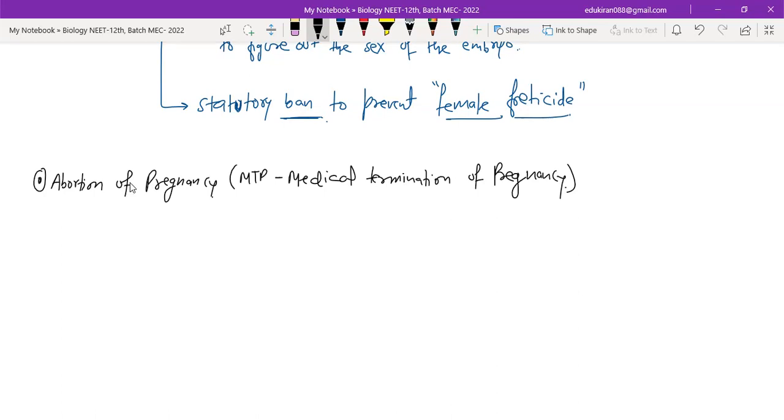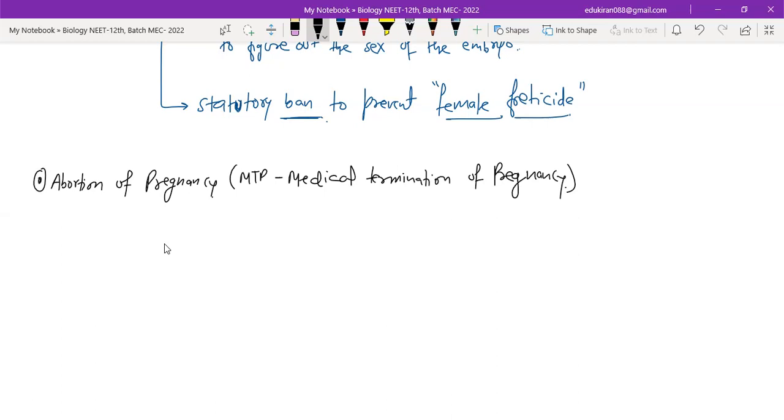Maybe when the embryo is growing in a circumstance that could possibly cause the death of the mother or something like that. Yes. So one thing is if there are gross issues with the baby.